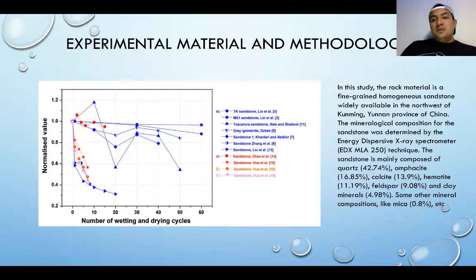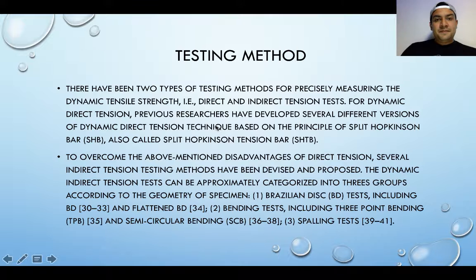The sandstone is mainly composed of quartz, amphibole, calcite, hematite, and feldspar, with some other minerals like mica at about 0.8%. In this graphic, we can observe what we just explained about the experimental material.